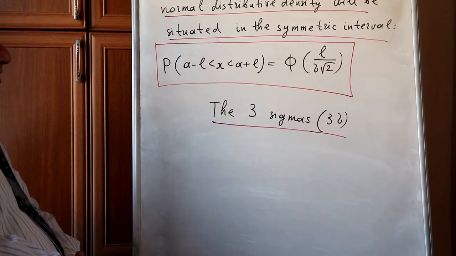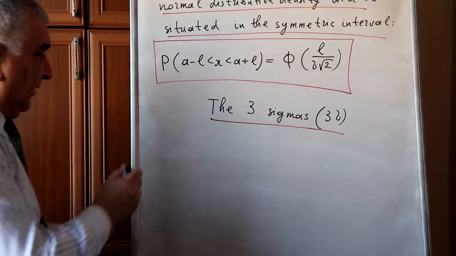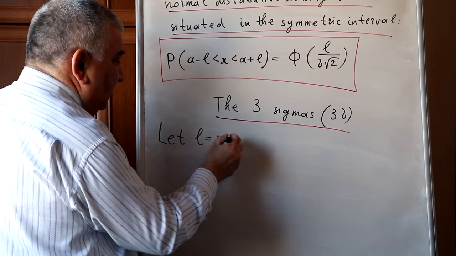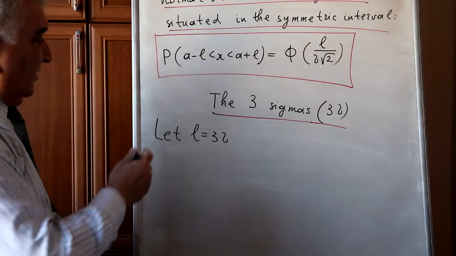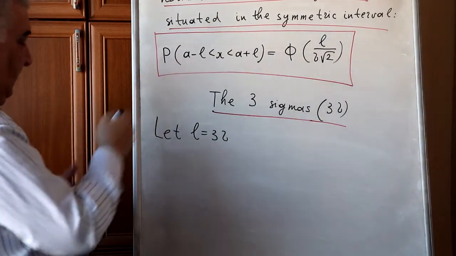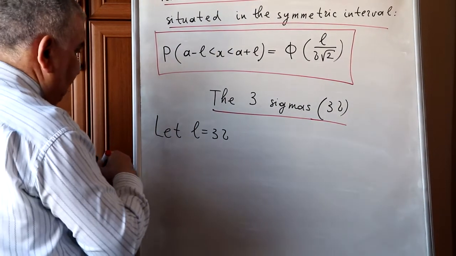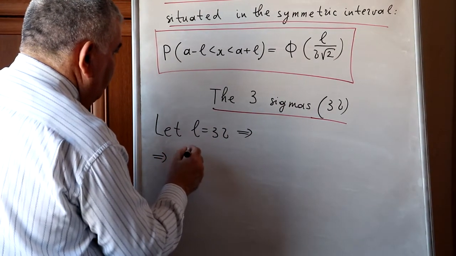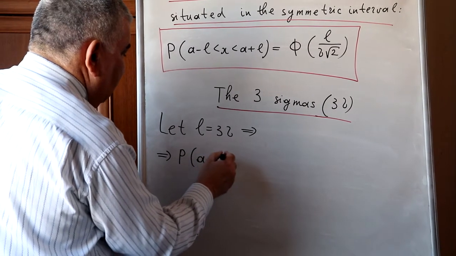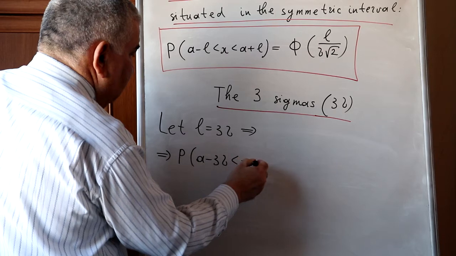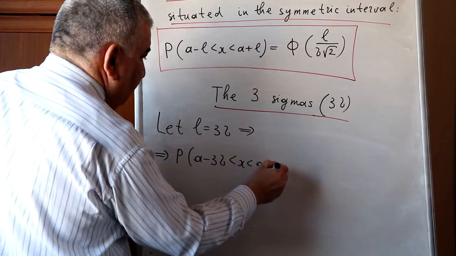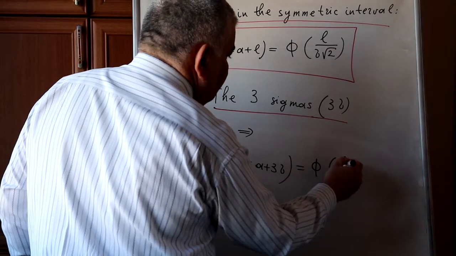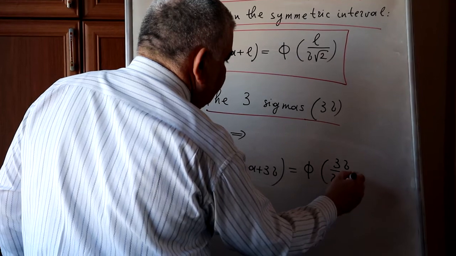Let L is equal to 3 sigma. Then substitute 3 sigma instead of L. Then we will have P capital A minus 3 sigma is less than X is less than A plus 3 sigma is equal to phi of 3 sigma over sigma square root of 2.